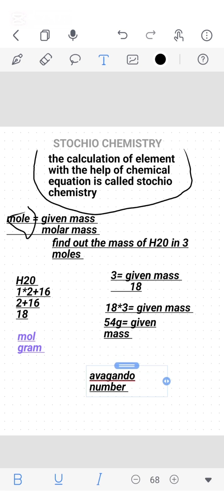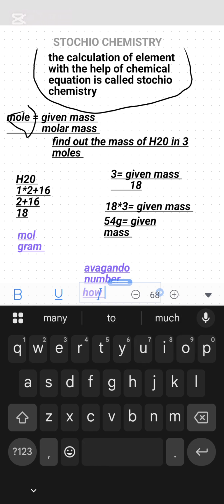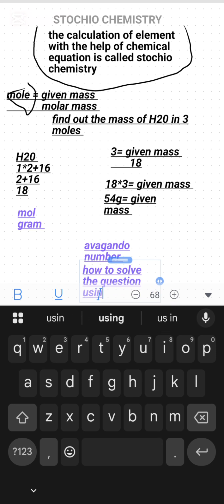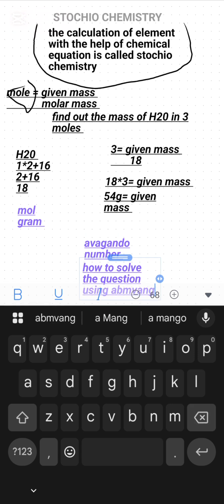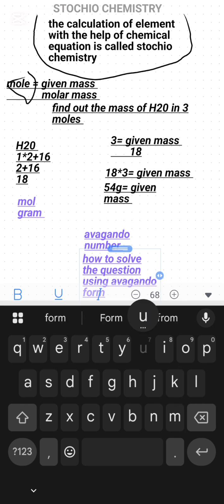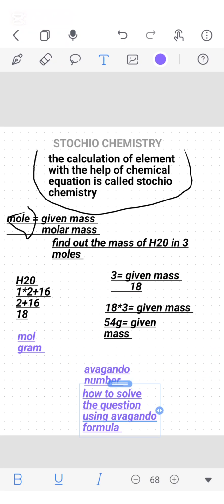We'll be discussing the Avogadro number, which will be used instead of molar mass, and next class I will tell you how to solve questions using the Avogadro formula.